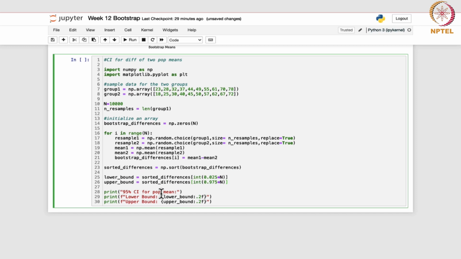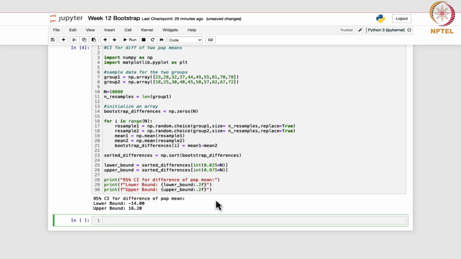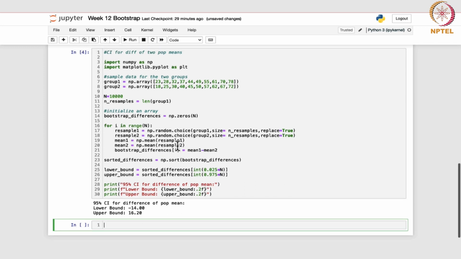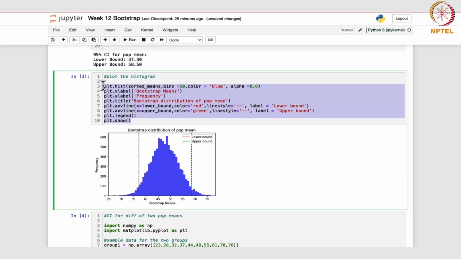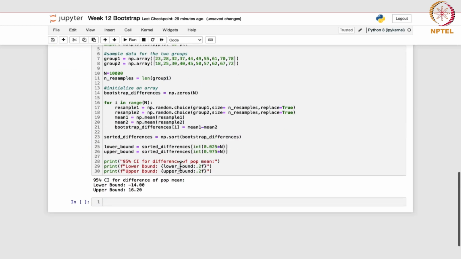Then obviously we will give these commands. So here it will be for difference of population means. So you can see that the lower bound is minus 14, and the upper bound is 16. Now if you want to visualize it using the histogram, we can use that. So let us reuse this one.